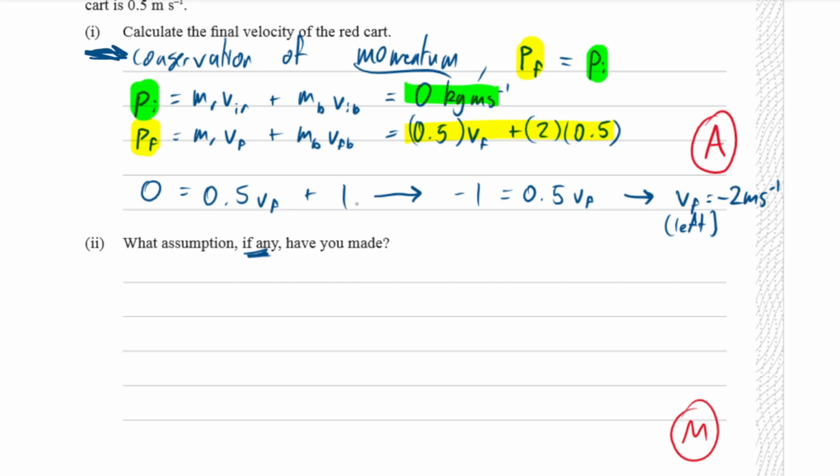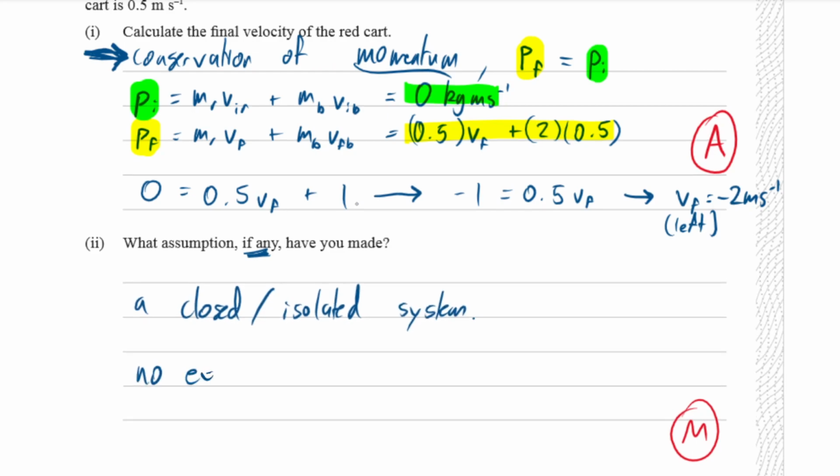So it is an assumption that underpins conservation of momentum, or conservation of energy if you went that way. So we assumed a closed, or you could use the word an isolated system. And what that means is no external forces.